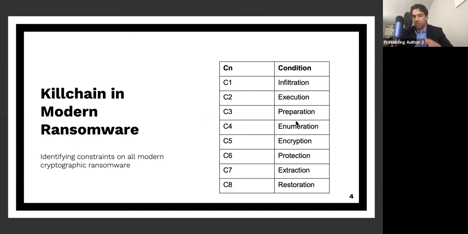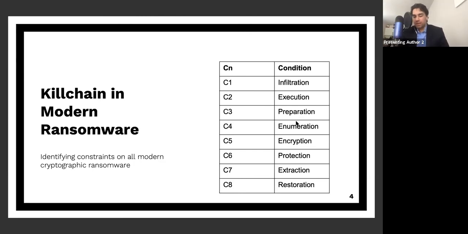Preparation includes generating keys. Keys need to be unique for every victim, lest victims share keys with other victims of the same ransomware campaign, and that debilitates their entire campaign. So keys need to be unique, and in the preparation phase, they will generate unique keys for this victim. Enumeration includes file enumeration, traversing directories, finding files of interest. Usually ransomware will not encrypt everything, but will look for specific types of files to encrypt.